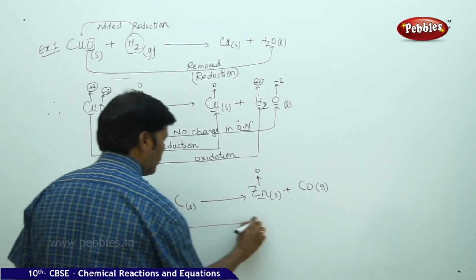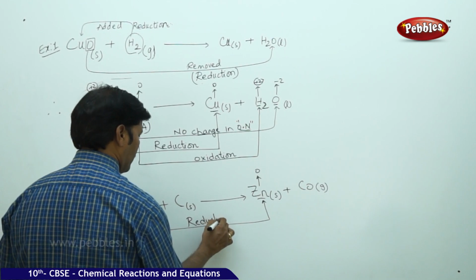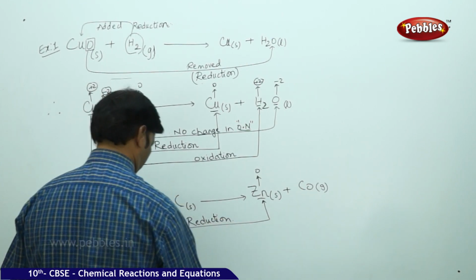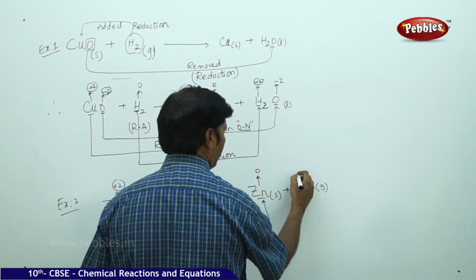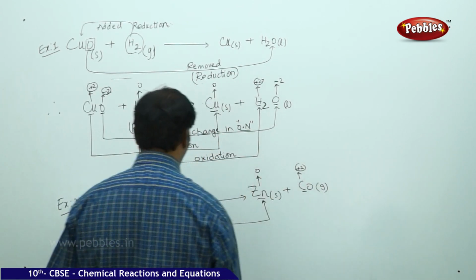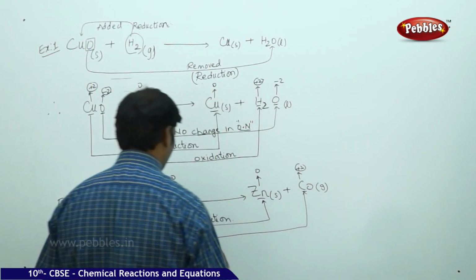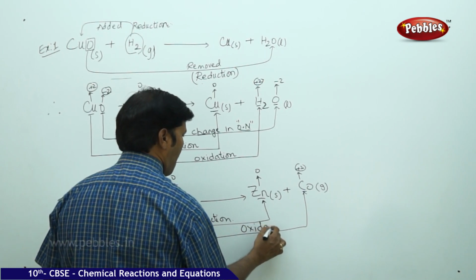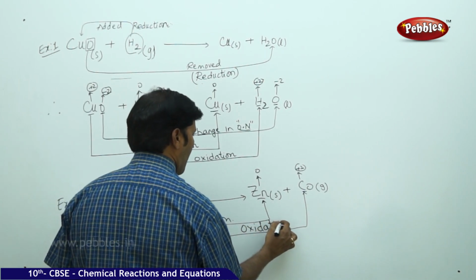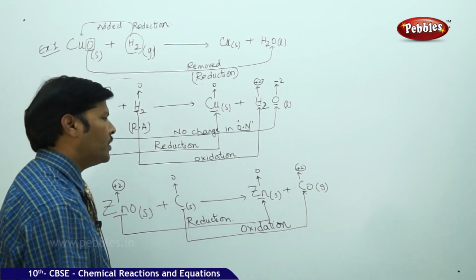So plus 2 to 0, reduction. Carbon is 0 here, here the carbon is plus 2 oxidation state. So carbon 0 to plus 2, it is oxidation reaction.